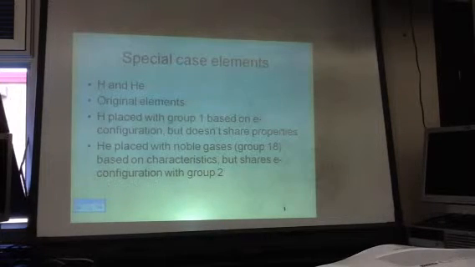And if you smash two hydrogens together, we said we get a helium. So hydrogen, its electron configuration is S1, which would put it in what group? Group 1. However, group 1 are metals.